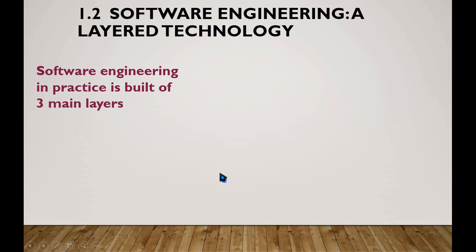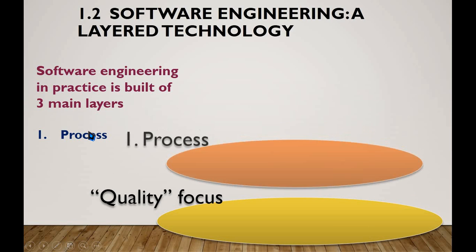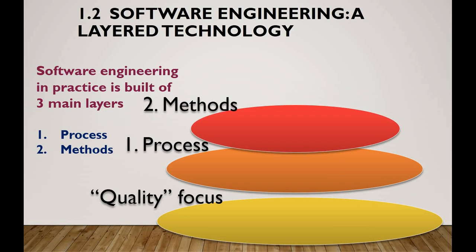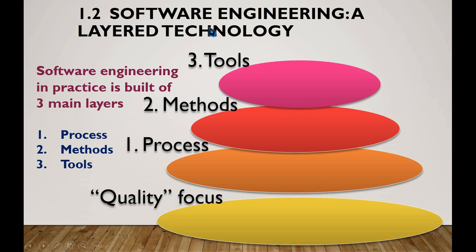Software engineering in practice is built of three main layers. They are process, methods and tools. Here you can say our base is quality. For any product, or for any project, our main focus will be the quality of that product.